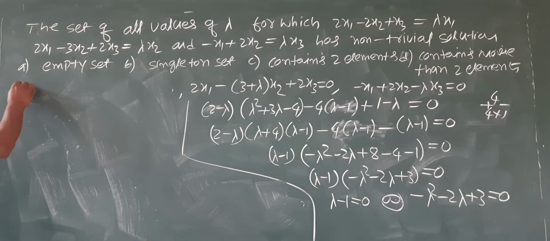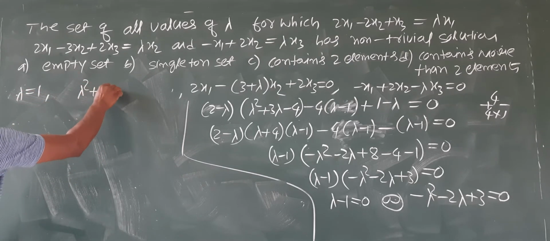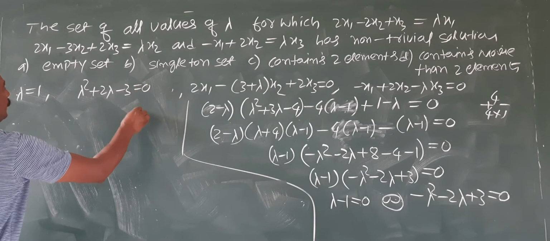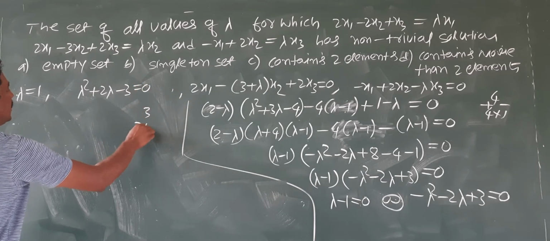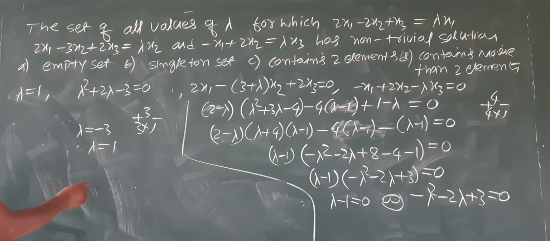So λ is equal to 1. λ² + 2λ − 3 factors: these ones are plus, minus. So λ equals −3. So λ values are 1 and −3.